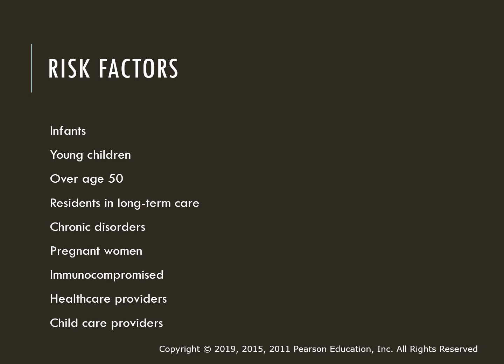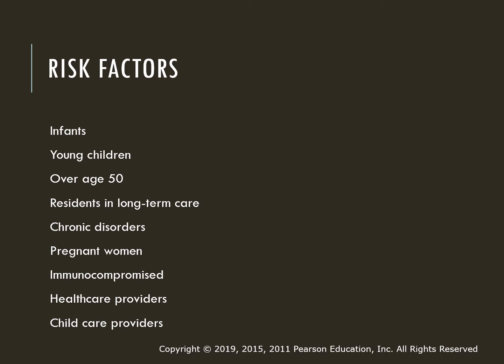Risk factors. Individuals at increased risk for influenza or its complications are infants, young children, and anyone aged 50 or older. Residents of nursing homes or other long-term care facilities are at increased risk because of their age, as well as the increased risk of exposure from others, residents, visitors, and healthcare providers, because they're in and out all the time.